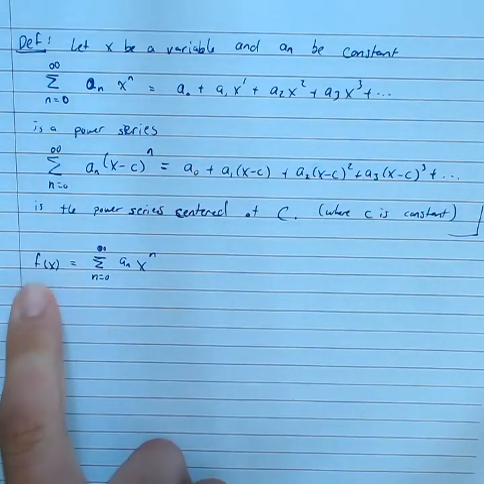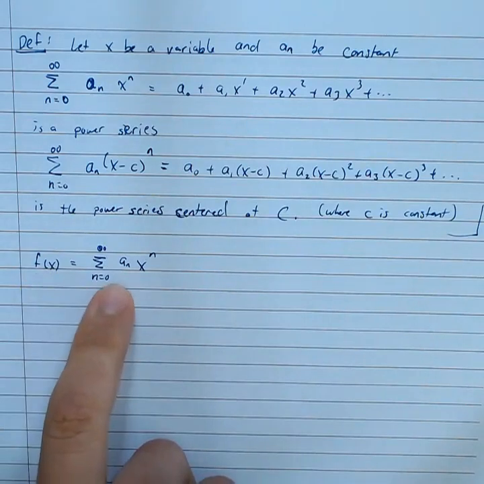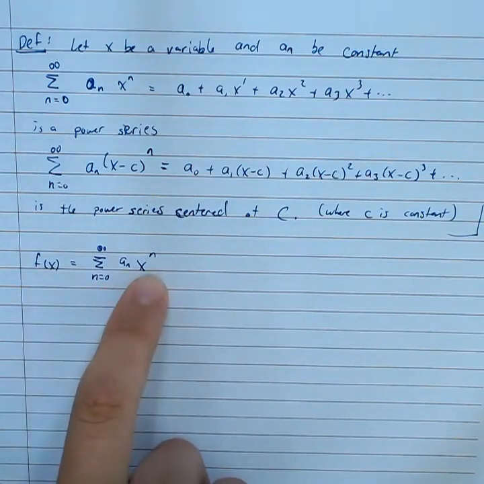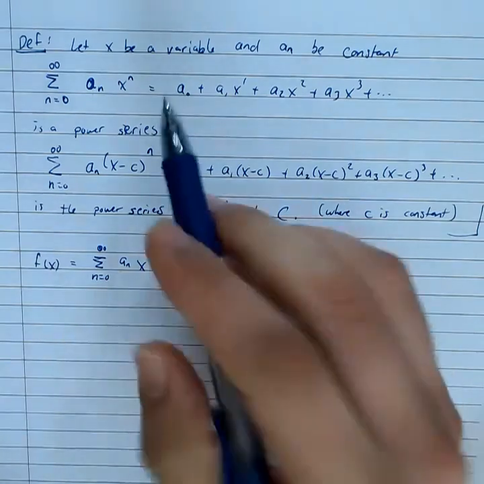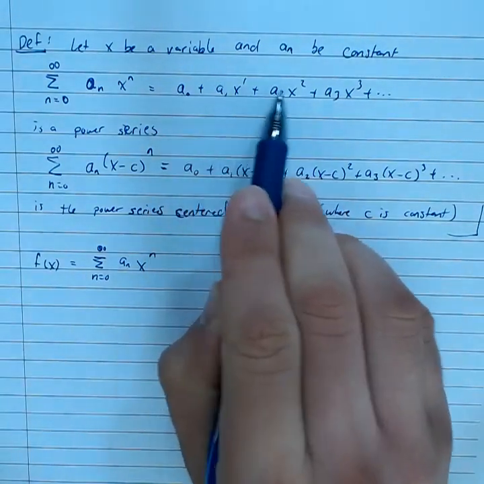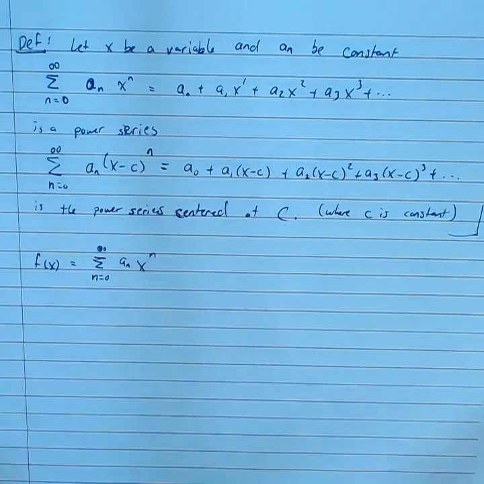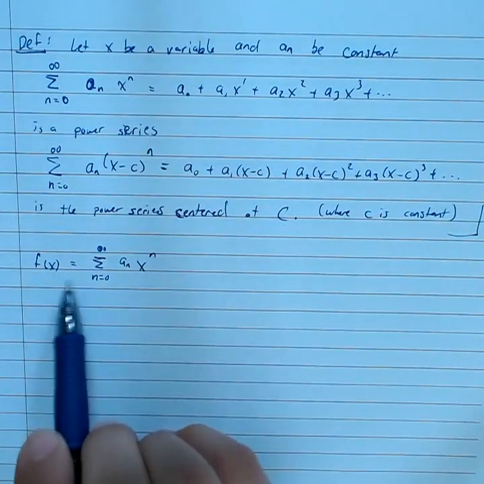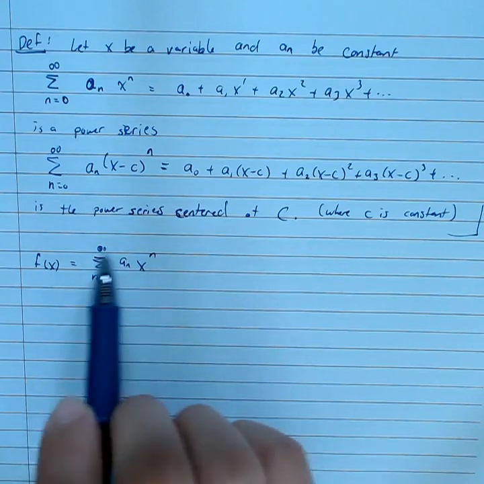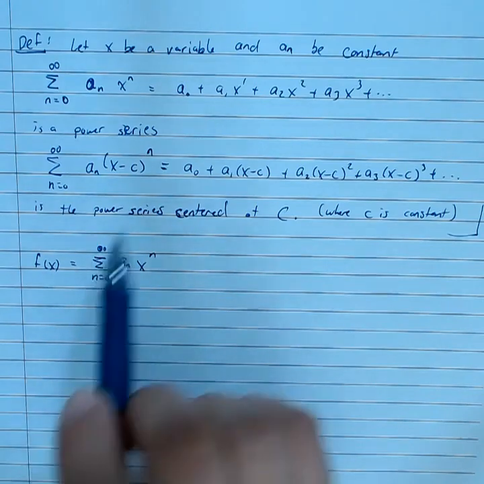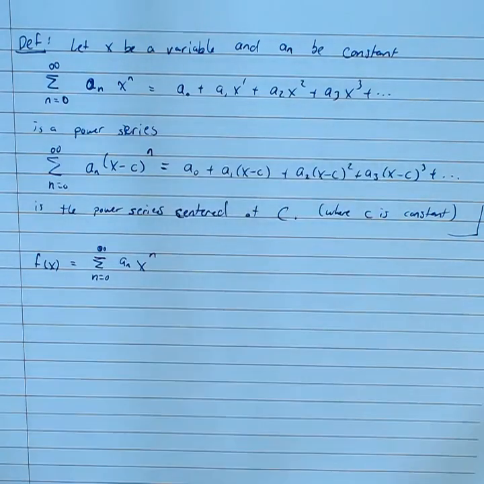You can think of this as a function of x, because after all, these are constants, and so are the powers. They're all constant powers. The variable x is a variable. So you can think of this function being defined as a power series, kind of like saying it's a polynomial function with an infinite number of terms.